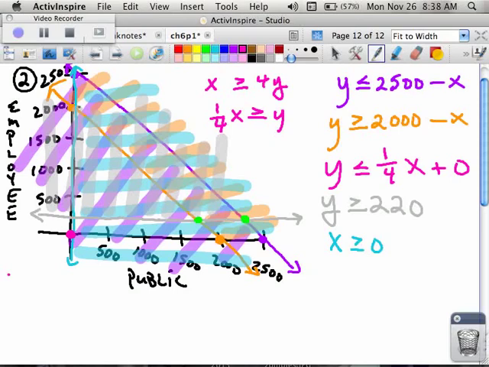So instead of thinking about it that way, if I were to go 2,000 to the right, how far would I have gone up? 500. Very good, Grant. 500. So 500, 2,000 is another point on this line. Up 500, right 2,000 is the same as going up 1 over 4, because 500 is 1/4 of 2,000.